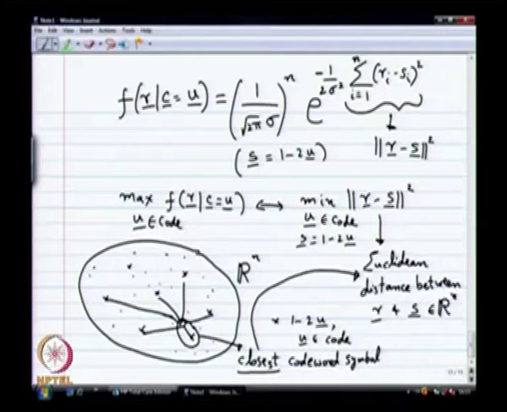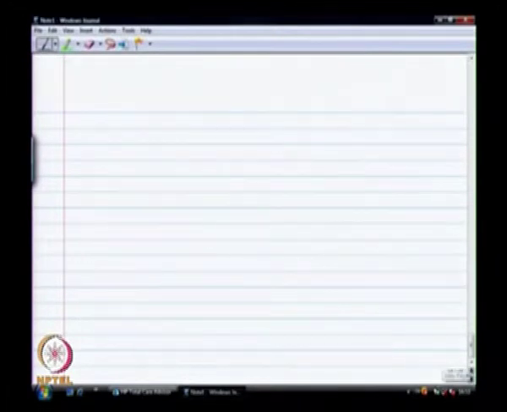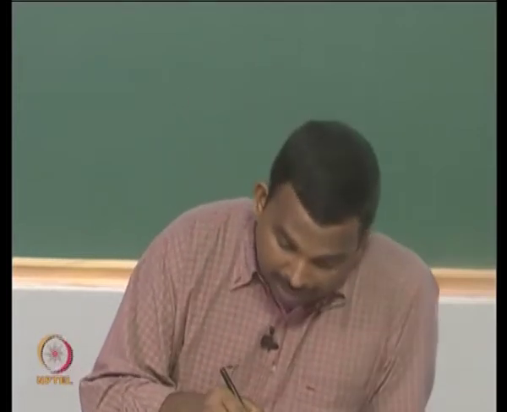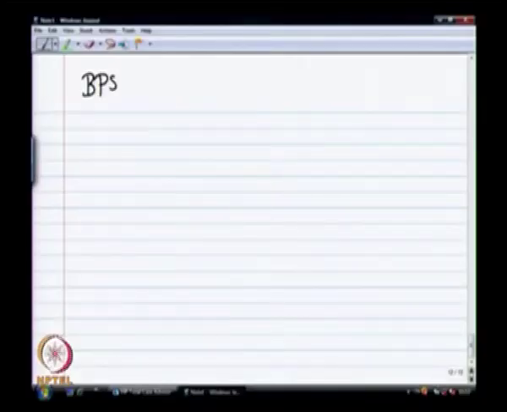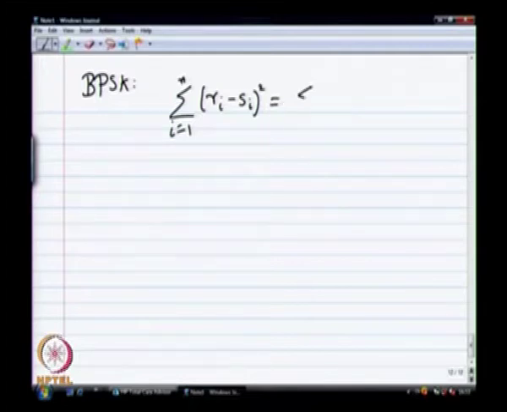So for BPSK, you can do a further simplification. So far BPSK did not play a big role, like I said. If you assume BPSK, let us look at the summation i equals 1 to n of (Ri minus Si) squared. This is the summation i equals 1 to n of Ri squared minus 2 Si Ri plus Si squared.